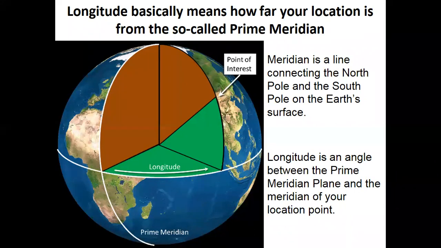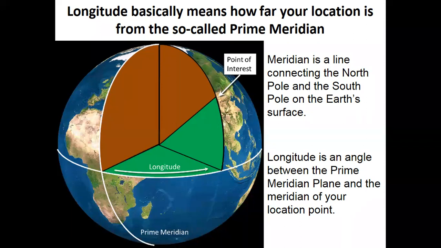Now, about the longitude. Longitude is a little bit different. It also has an angular value, and basically, longitude shows you how far your location is from the so-called prime meridian. What is a meridian? I hope you also remember.